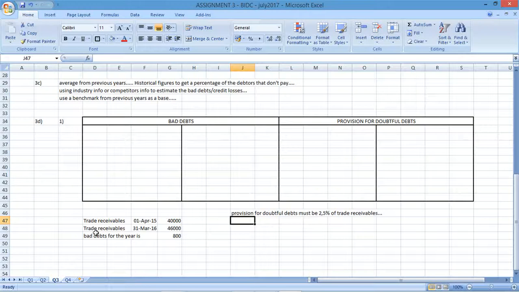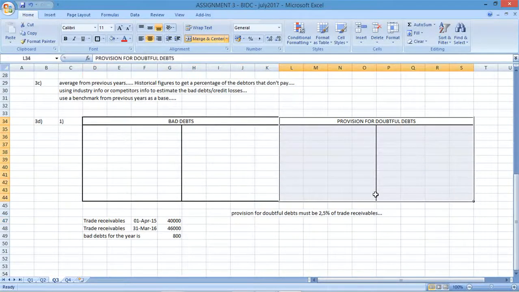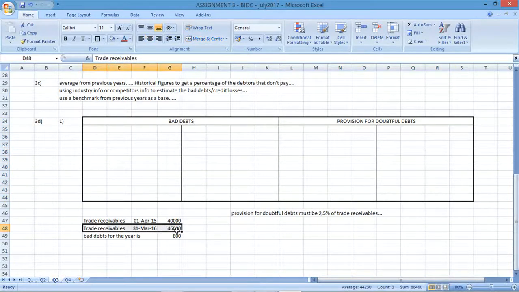That's what they've stated. So we need to record this in terms of bad debt and the provision for doubtful debts. They said we need to show the accounts for the year ended 31st of March 2016. Fine, so for that year end. Show the amount transferred to the income statement and balance brought down on the 1st of April 2016.